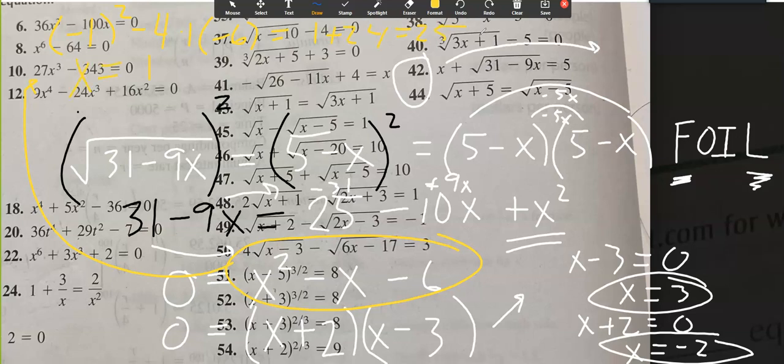X equals the opposite of b plus or minus the square root of 25 all over 2 times 1, which is 2. So that's 1 plus or minus 5 all over 2. 1 plus 5 is 6, so I'd have 6 over 2 is one of the answers, which is 3. And the other answer is negative 4 over 2, which is negative 2. If you want to use the quadratic formula, it works every time.